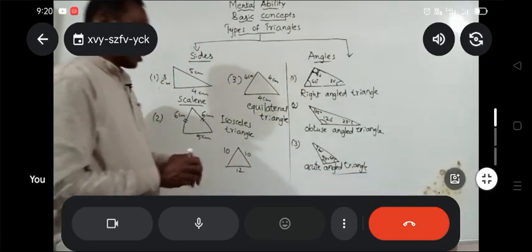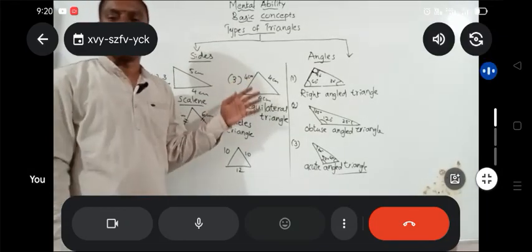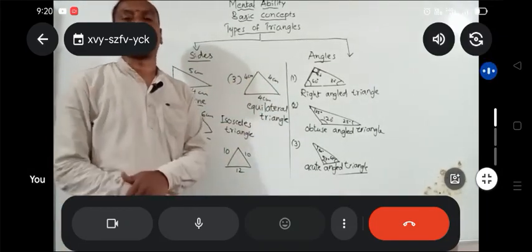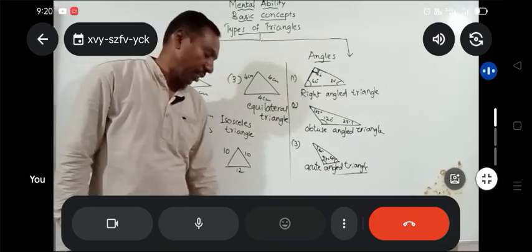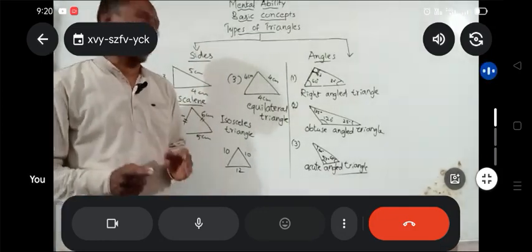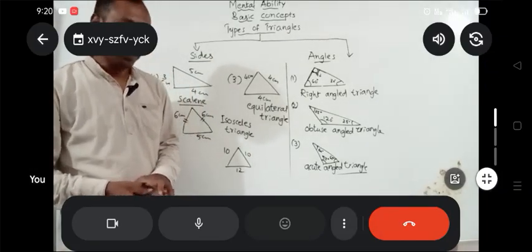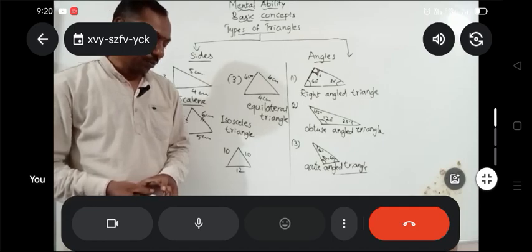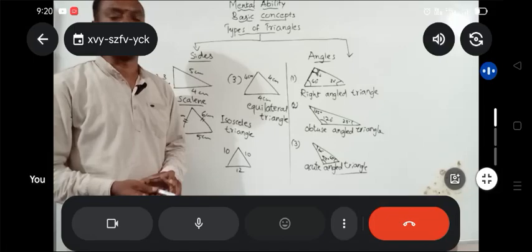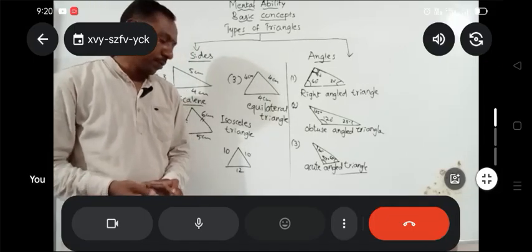Okay. Till now we have discussed the types of triangles based on angles. Now let me have a recapitulation. First question: how many types of triangles are there based on angles? Vishal, can you try and tell me? Sir, 3. Very good.